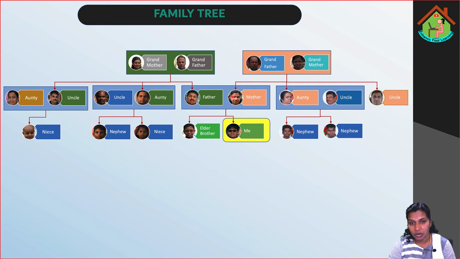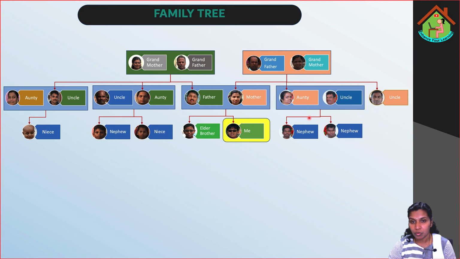To the right side of your mother, there is one more person, that is your mother's sister, and one more person is here, that is your mother's sister's husband, right? And this is your mother's brother.